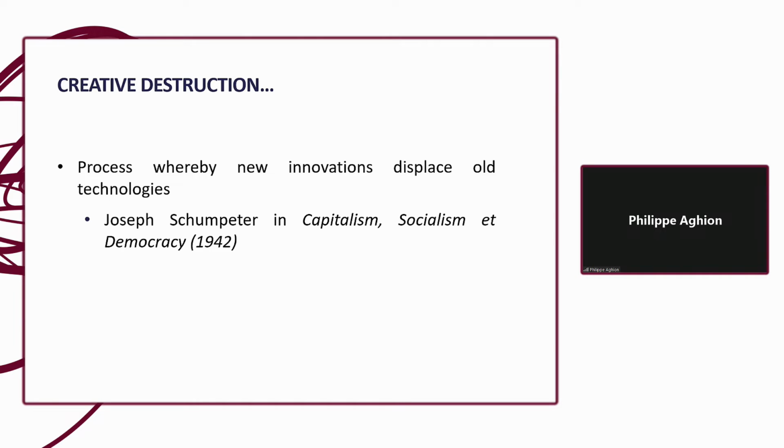For example, in Capitalism, Socialism, and Democracy, Schumpeter explains what he means by creative destruction. But when I studied economics, there was no growth model based on creative destruction. There was the Solow model, or the Ramsey model, or the Harrod-Domar model.